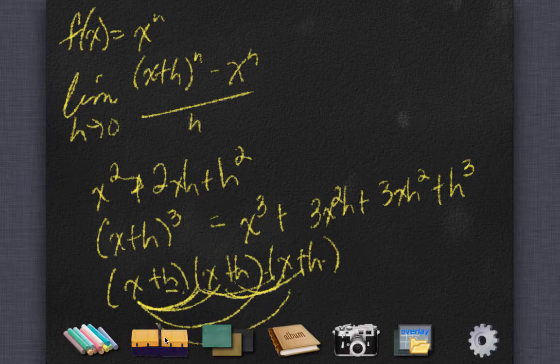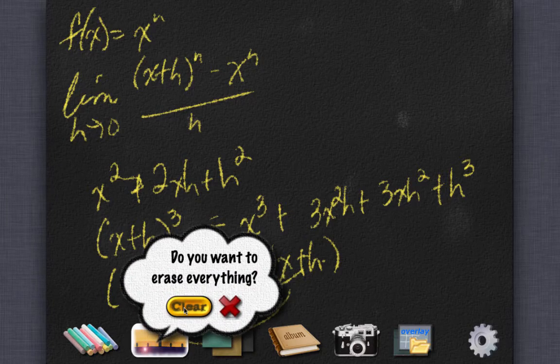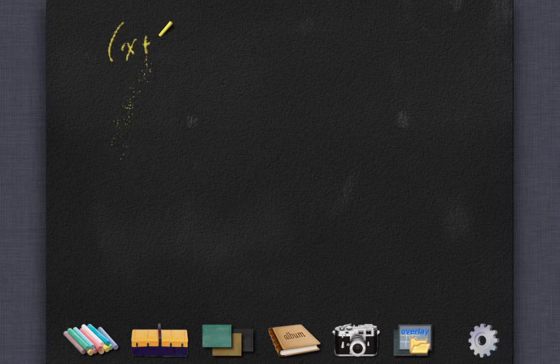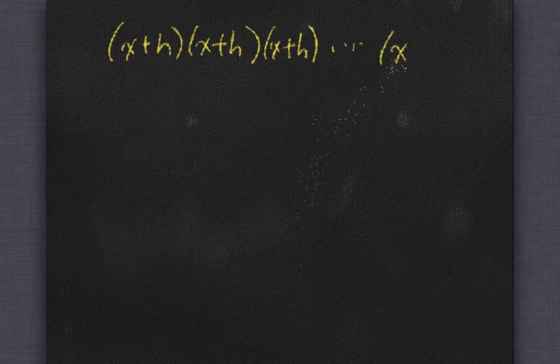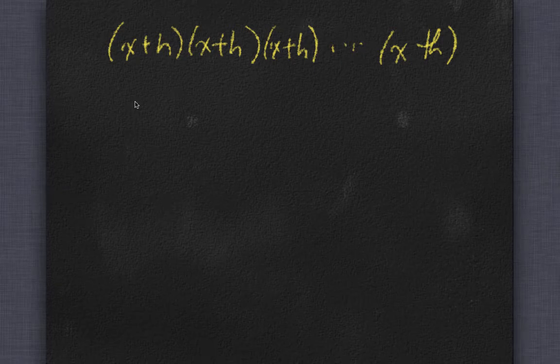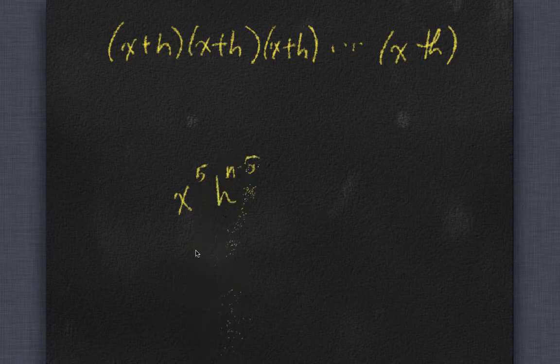So generally speaking, when you have n of these, so I have x plus h, x plus h, x plus h, n times. Every piece will have n letters, so let's say that I have x to the 5th, h to the n minus 5, because I've got to have n pieces total.